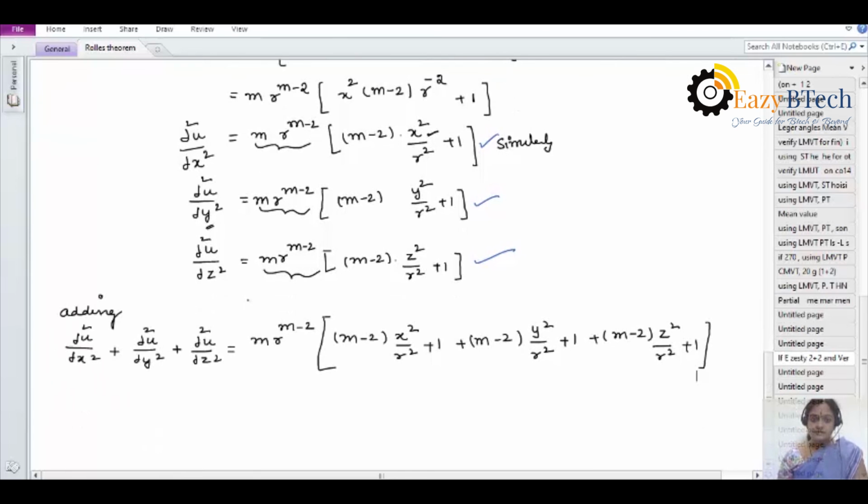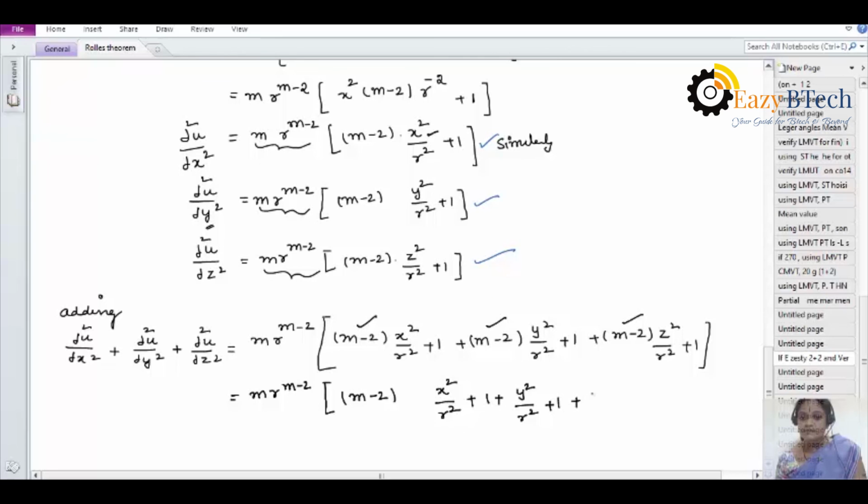Okay, so m into r power m minus 2, and in these bracket terms, observe m minus 2 is common, making m minus 2 common. So what are the remaining terms? X square by r square plus 1, and plus y square by r square plus 1, and plus z square by r square plus 1. Okay, students.